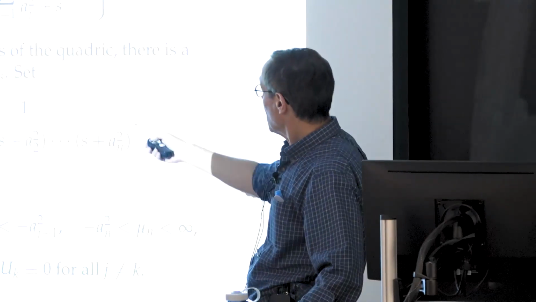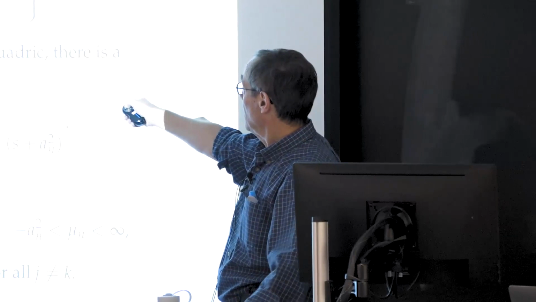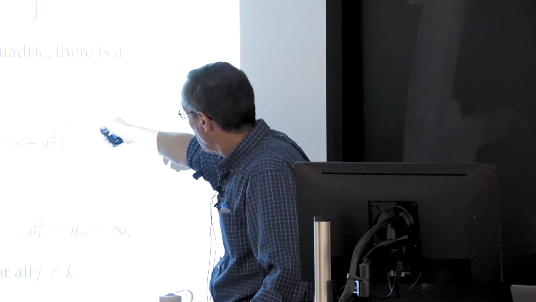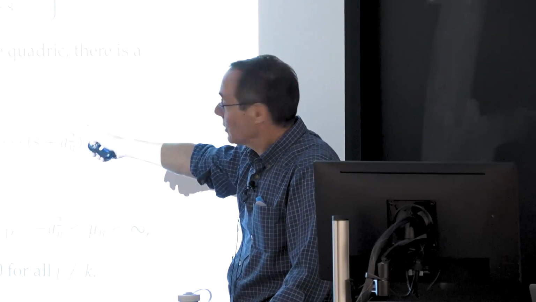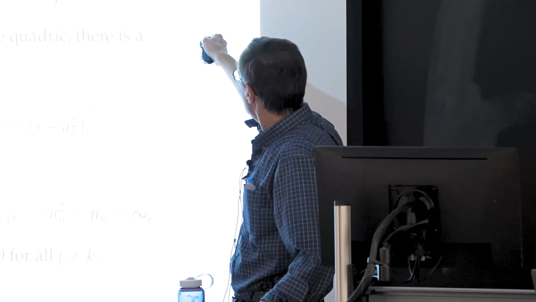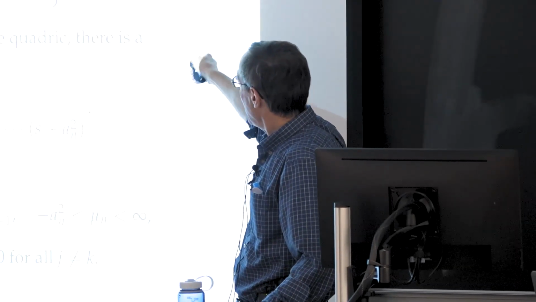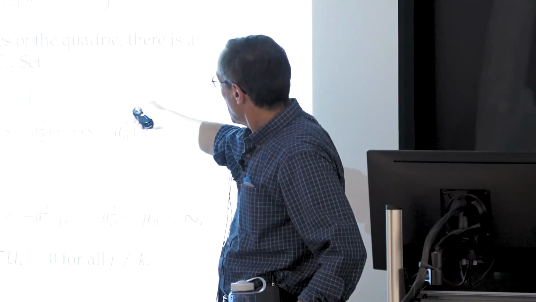And the formula is just sitting right here. So this formula is a formula for a surface if you fix S. And I'm calling it E for ellipsoid. And of course, if S is big enough, if S is bigger than minus a_n, then this will be an ellipsoid. Okay? On the other hand, if you move S so that it crosses over so that one of these denominators switches sign, you're changing the signature.